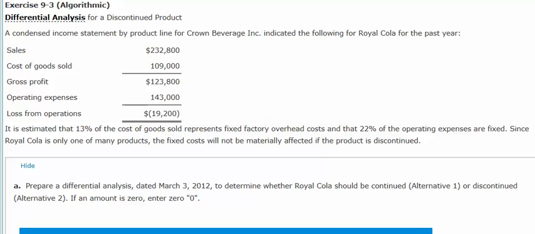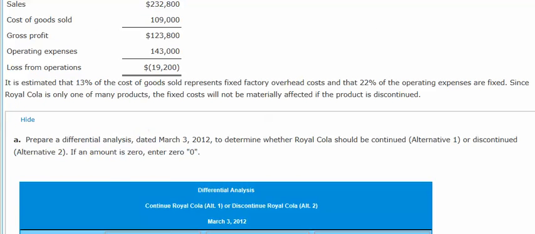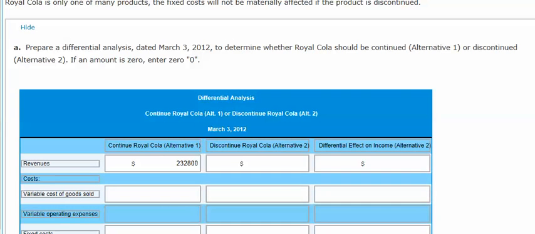So I can take the 109,000 and subtract 13%, which is the fixed cost. So the 109,000, I can just multiply that times 87%, right? Right, 100% minus 13 is 87%. That'll tell me my variable cost. So that's $94,830 is how I calculate that.